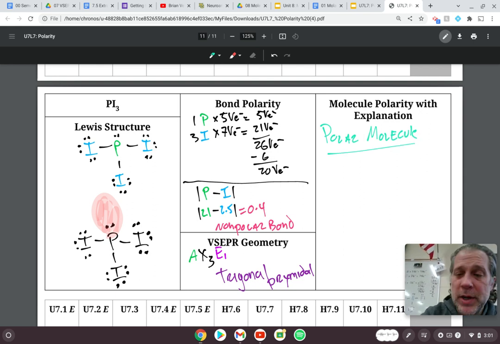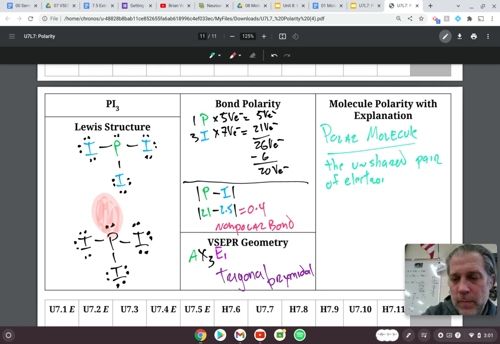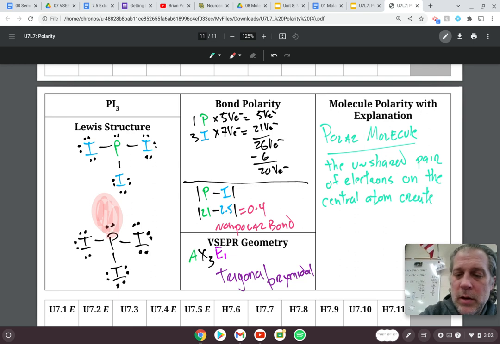And it's polar because the unshared pair of electrons on the central atom create an area of negative charge.